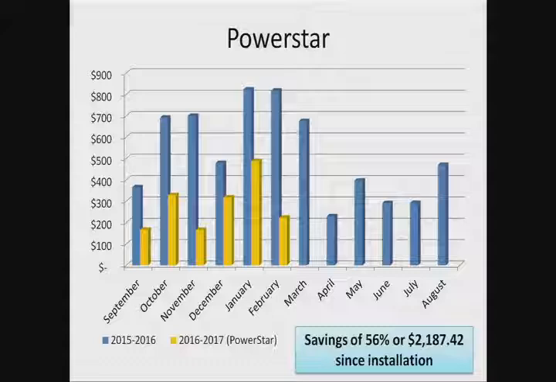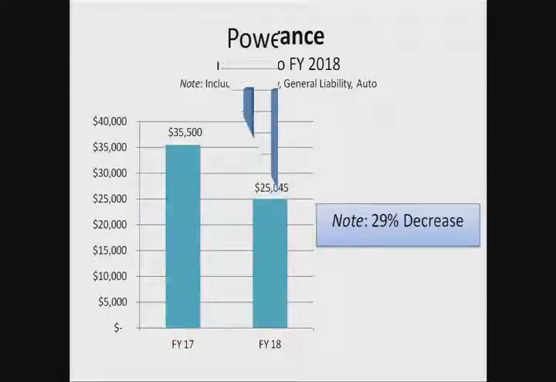So we have 6 months of data, comparing the bills of similar months from prior to the installation and with installation. Right now, we're at a savings of 56%, or we've saved $2,187.42 since installation, and that's in 6 months.